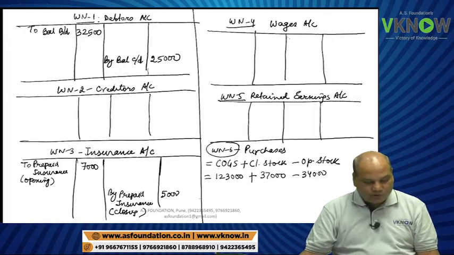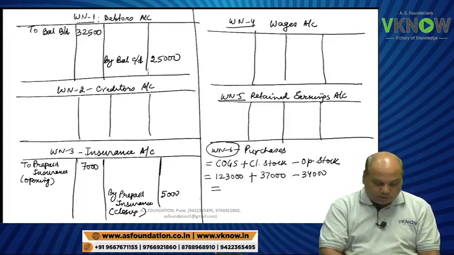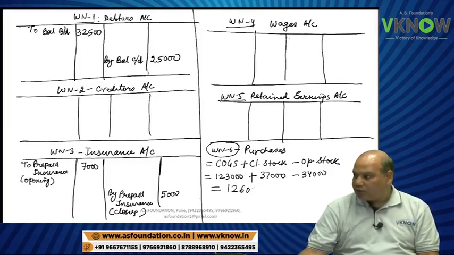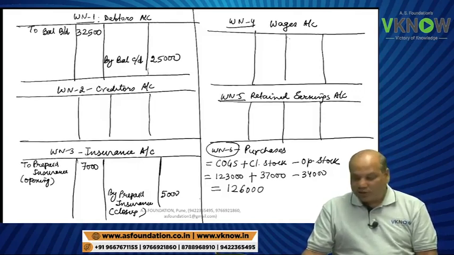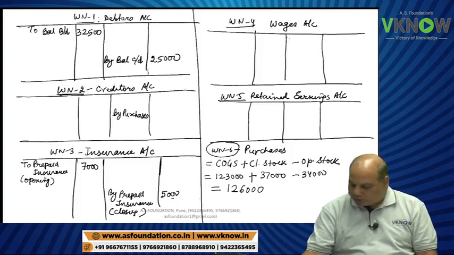So what are the purchases made? 1,23,000 plus 37,000 and minus 34,000, so we are getting 1,26,000. Purchases 1,26,000. So please go to working note 2, second line, by purchases 1,26,000.